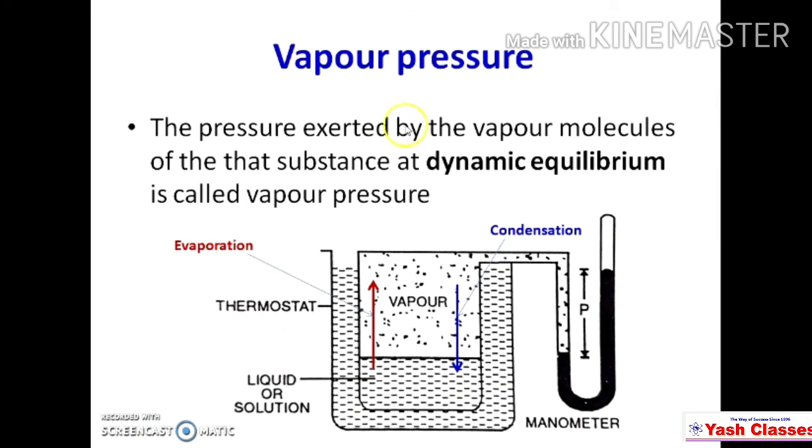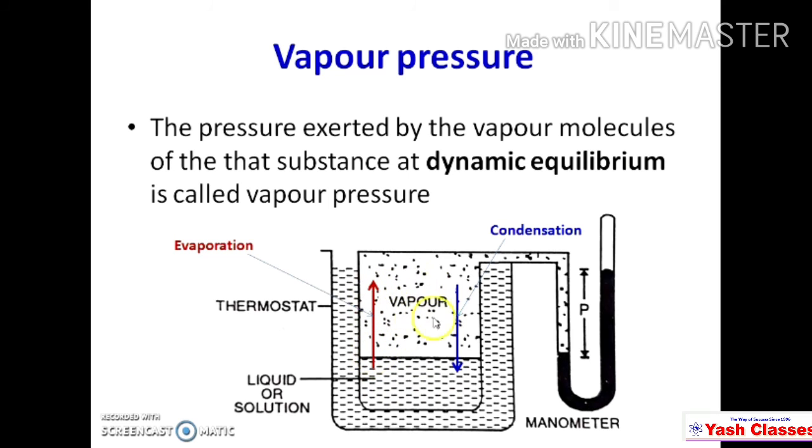Now the next point, that is, what is vapor pressure. Here you consider one vessel containing liquid or solution. Now when this liquid is kept for some time, some of the liquid molecules escape from the liquid state to the vapor state by evaporation.